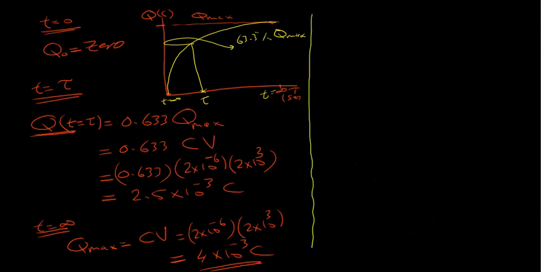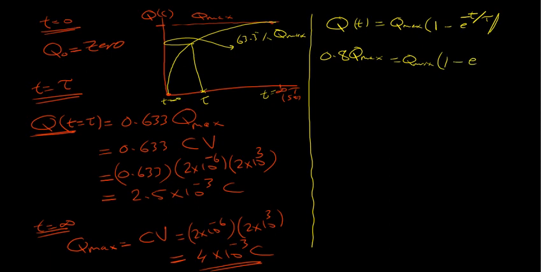So it's Q as a function of time, Q max times 1 minus exponential minus t over tau. Now we know he's asking me to reach 80%, so it is 0.8 of the maximum Q max.